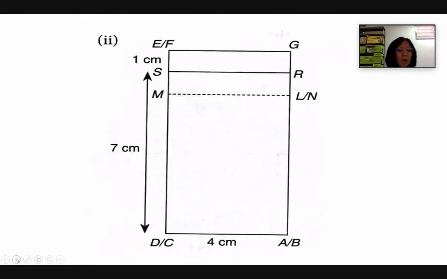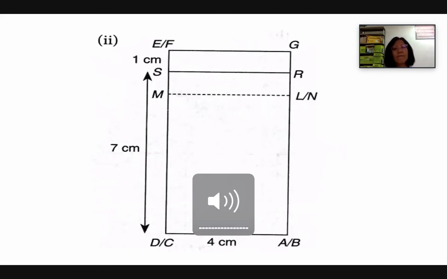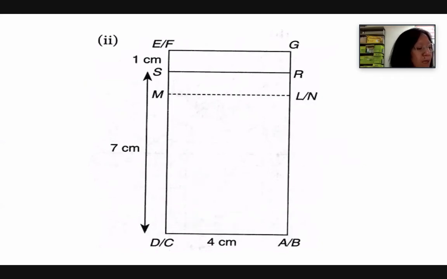Next one, as seen from Y direction, the direction of Y. When I see from the direction of Y, the diagonal of the two prisms, that means LM, I cannot see. It is inside, behind the cylinder, I cannot see.